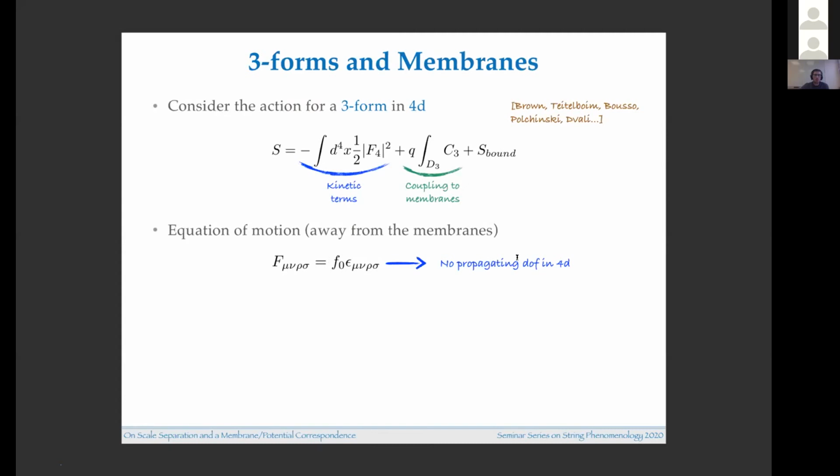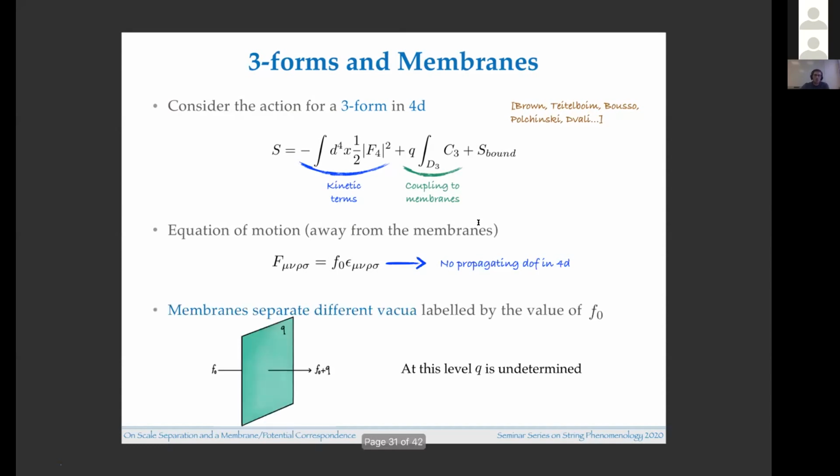So they can have some constant non-zero value. And in fact, when we plug this back into the action, what we can get is a contribution to the cosmological constant. So basically 4-forms do not propagate degrees of freedom by themselves, but they can contribute to the cosmological constant. And in particular, the membranes to which they couple separate different vacua with different values of this cosmological constant.